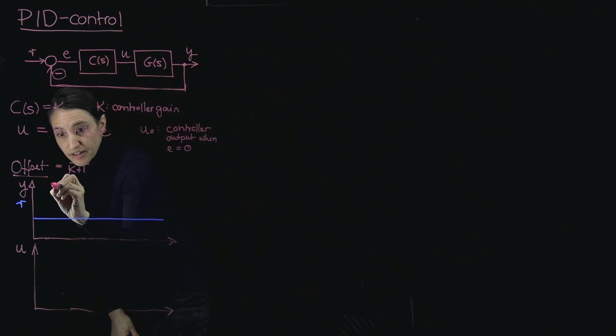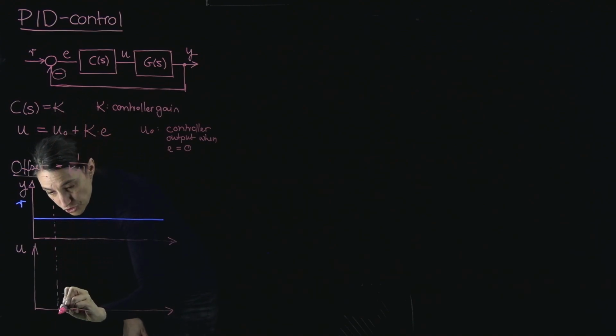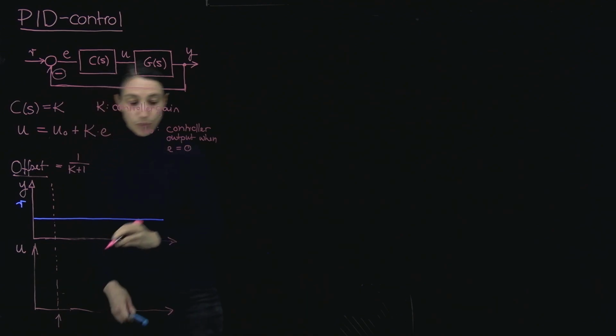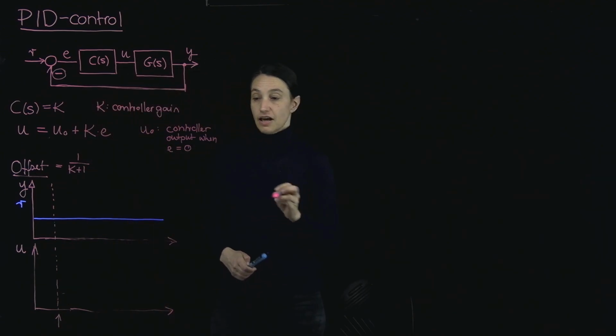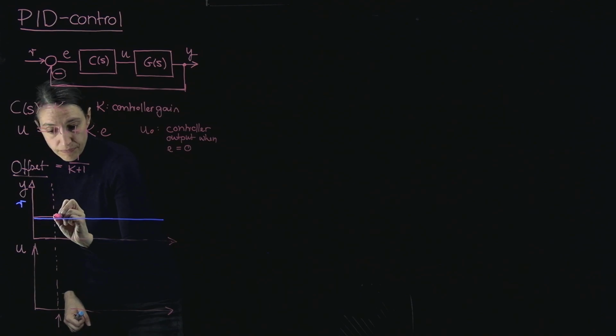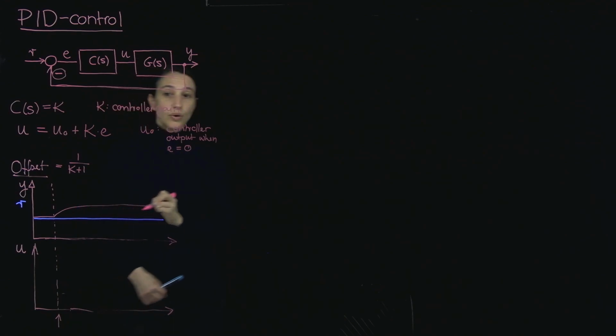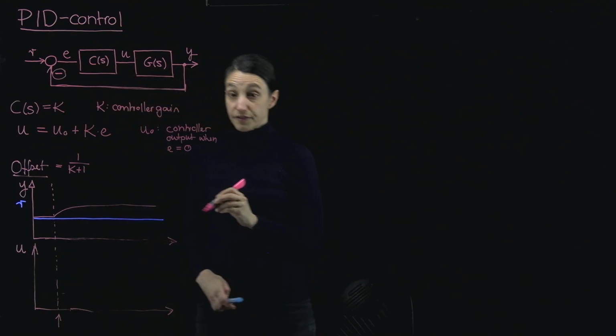At a point in time, t equals 0, here, a disturbance will hit our process. We don't necessarily see that, but what's going to happen is we have an offset.